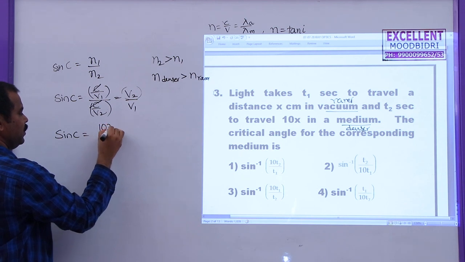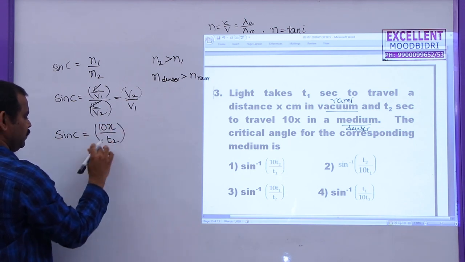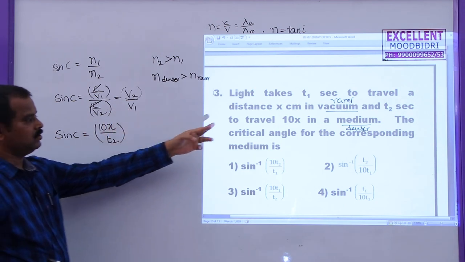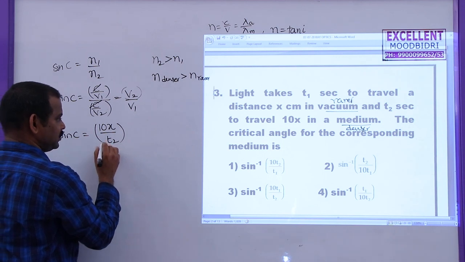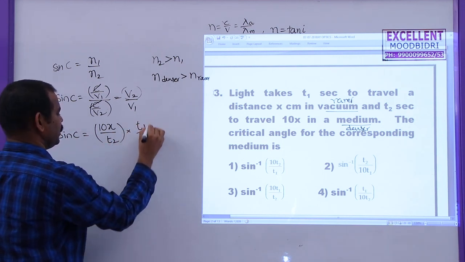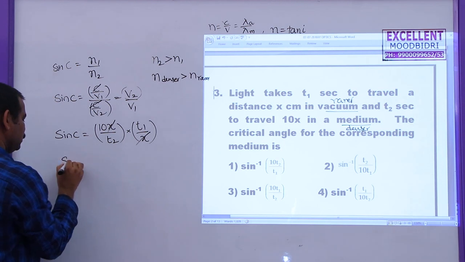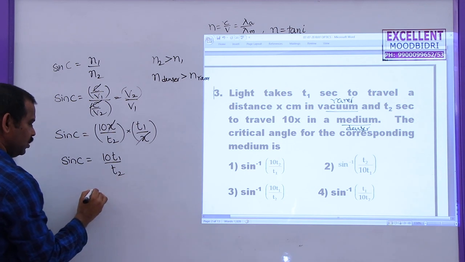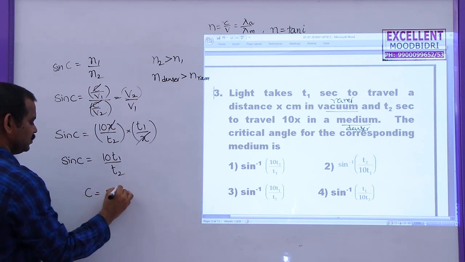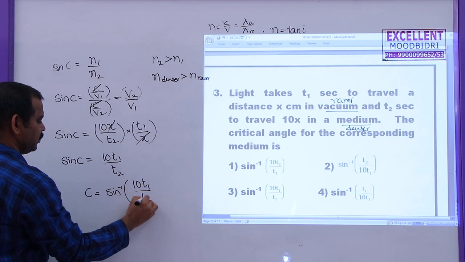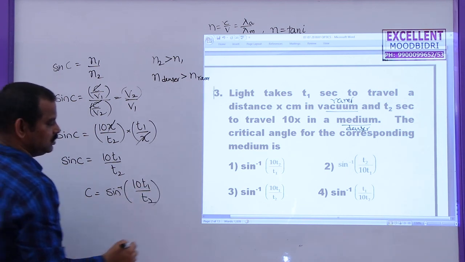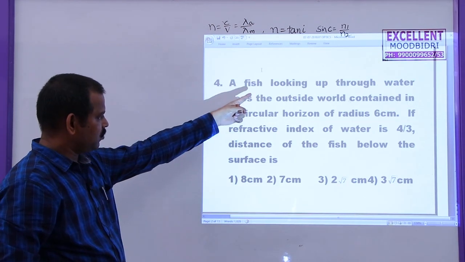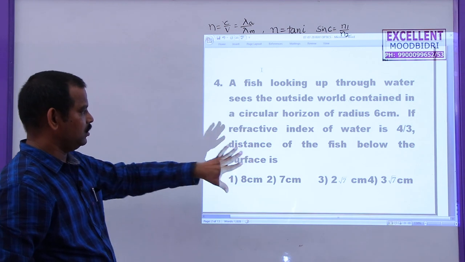So the speed will be 10x by t2, divided by the velocity in the rarer medium, that is vacuum, where the distance traveled is x, so time taken t1. So x by t1 will become t1 by x. You can cancel x and x here. The sin C is equal to 10 t1 by t2. The critical angle is given by sin inverse of 10 t1 by t2. Option 3 is correct.